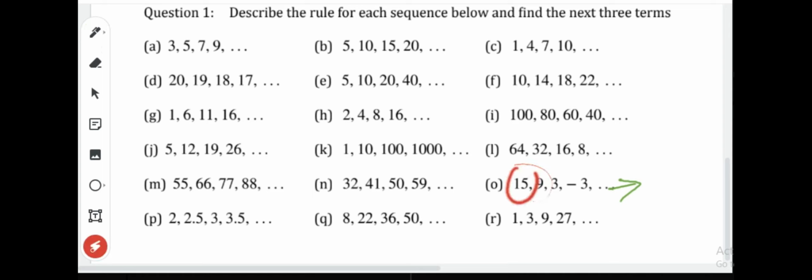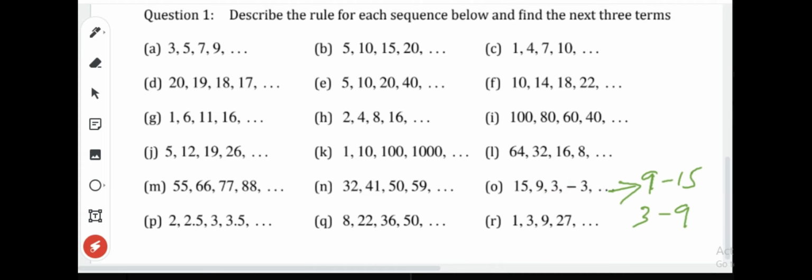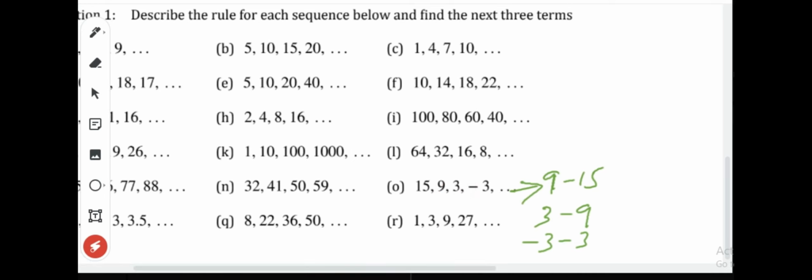Second minus first, which is 9 minus 15, will be the same as third minus second, which is 3 minus 9, or fourth minus third, which is minus 3 minus 3. 9 minus 15 is minus 6. 3 minus 9 is minus 6.